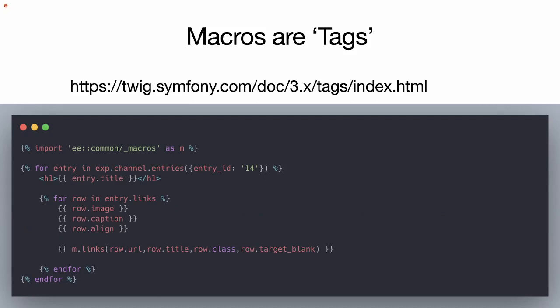So what I did, I had a matrix field or grid field. Oh, smack me for that one. A grid field, and it's got a URL row, it's got a title, it's got a target and a class. I don't know why I wrote caption, but I did.